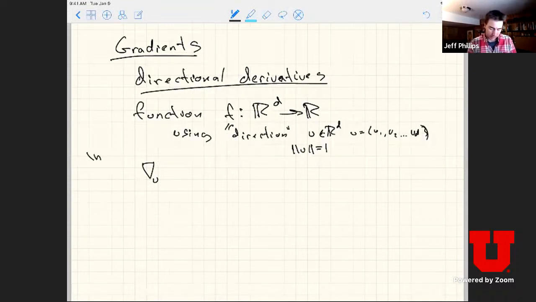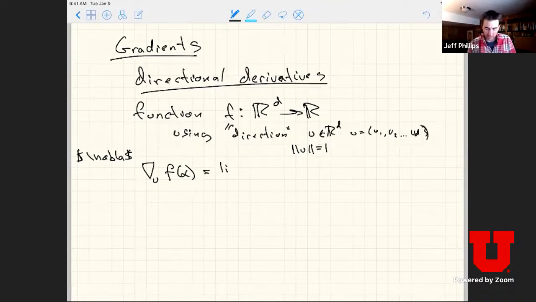this is called a nabla, that's how it's referred to in LaTeX, of f of alpha, and I put the sub u there. If I don't have the sub u, this will be the gradient, but we'll define them through directional derivatives.